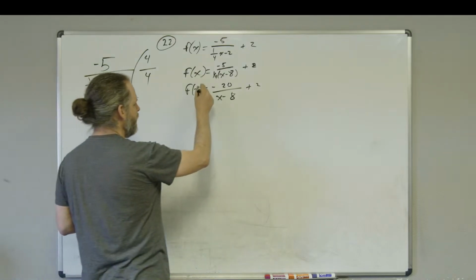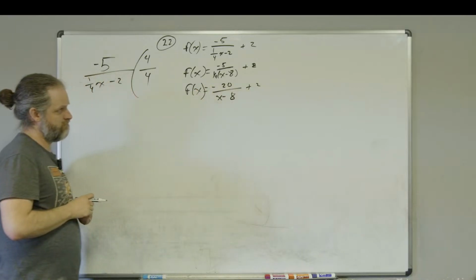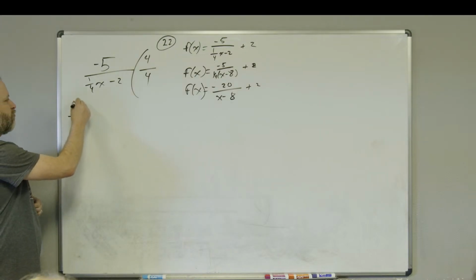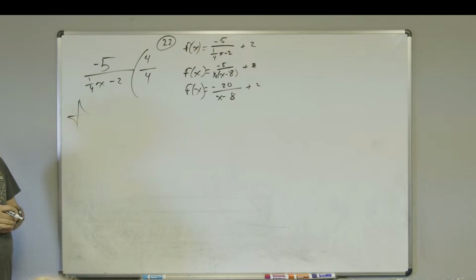Happy days are here again. Now what? Now we put a graph up. Next, parent function. Sure, parent function. Great. Now what? Oh, find the asymptote. I like to figure out how it's transformed, right? That's what I like to do.